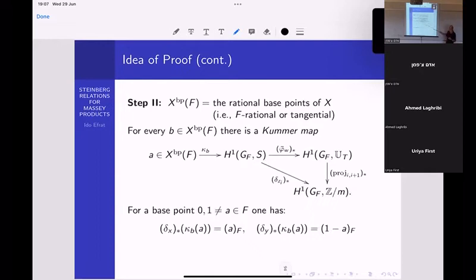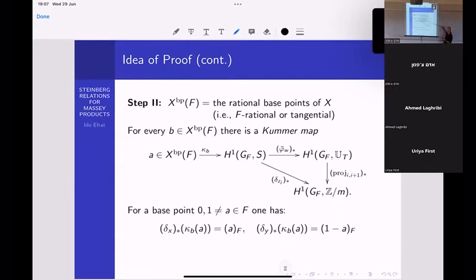Okay, but you can take another route. You can go up here on the upper row. This H1 of the absolute Galois group acting on UT trivially is just homomorphisms.